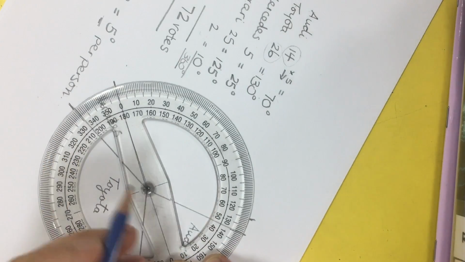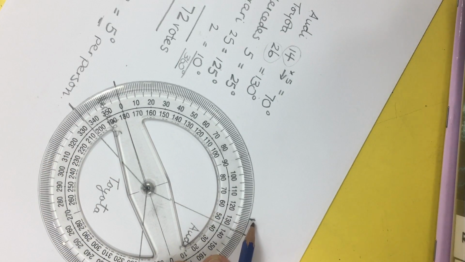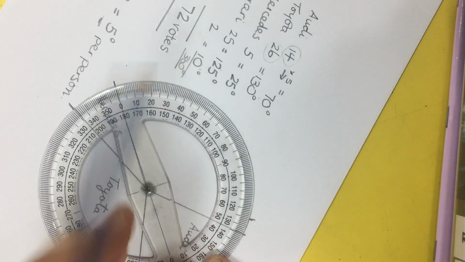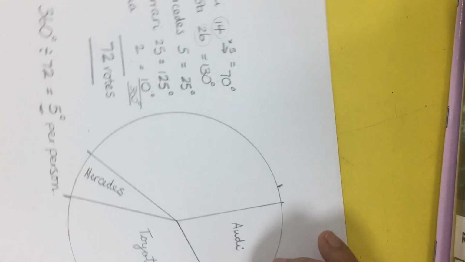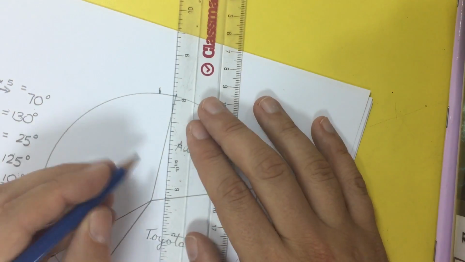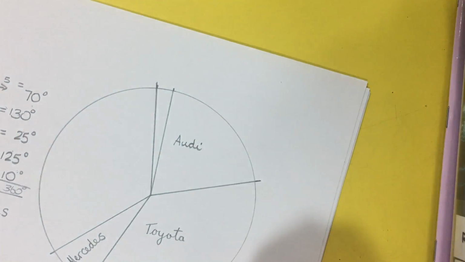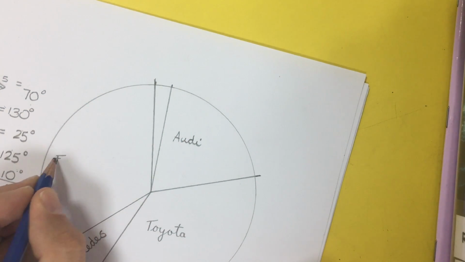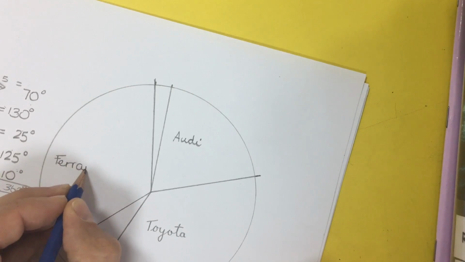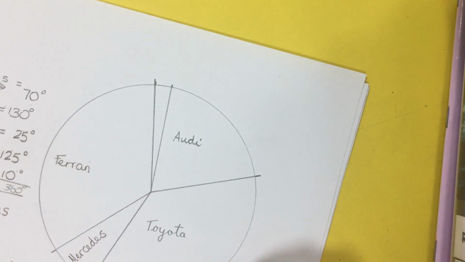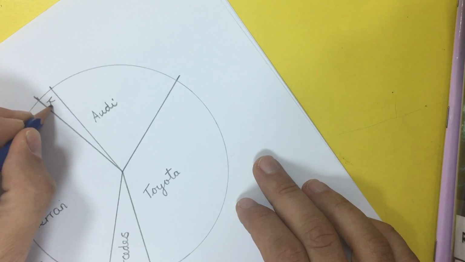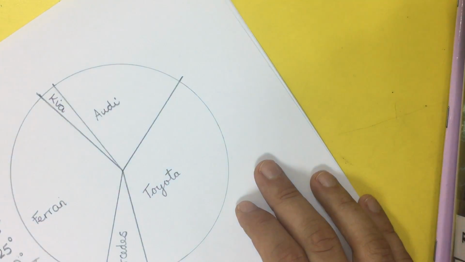Yeah, I'm happy with that. And then I can actually see in here that that goes from 125 to 135. So I know that last little bit there is worth 10 degrees, which is good because that's what Kia wants. So last line goes in, just like that. We put in Ferrari here, and Kia goes in here.